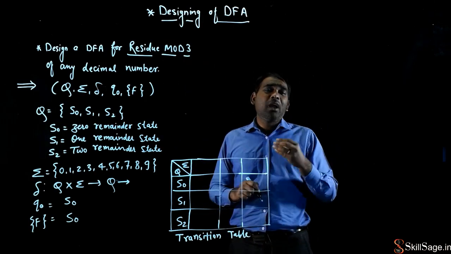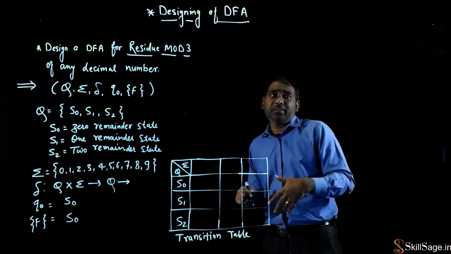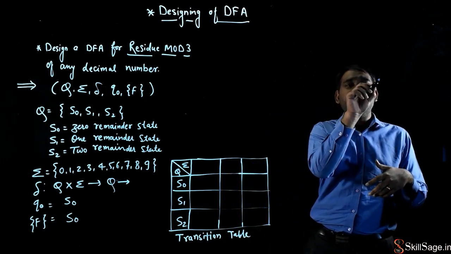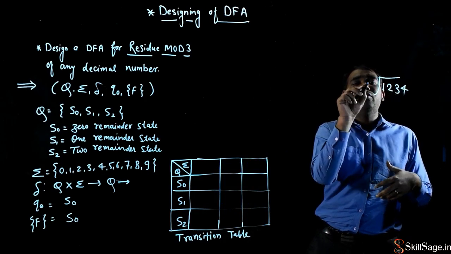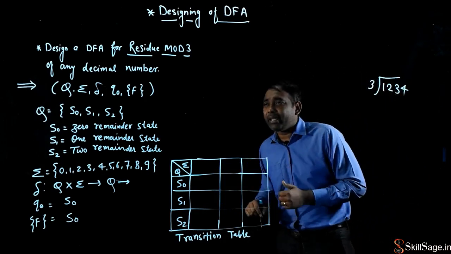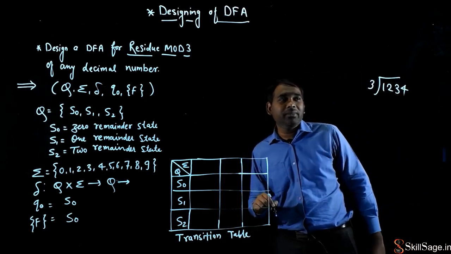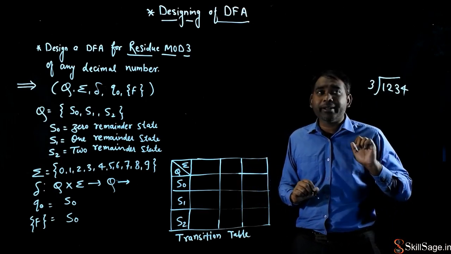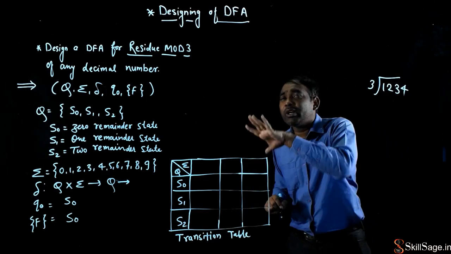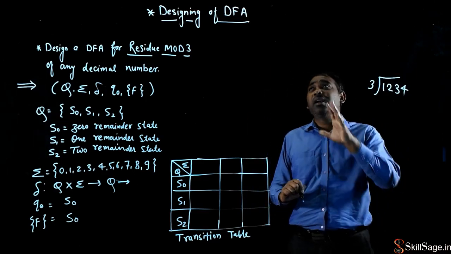So generally, how are we going to perform a division? Suppose we take a number, say 1, 2, 3, 4, and I want to divide this number by 3. How are we going to perform this division? Generally, we take 3 4s are 12 here, but here we have a finite automata, a DFA.